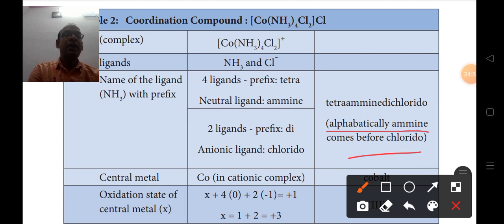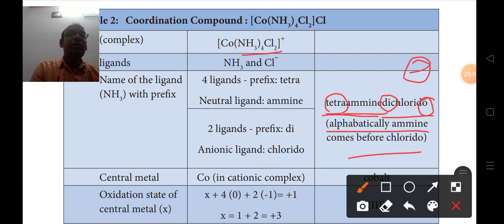Therefore tetraamine dichlorido, tetra means 4, di means 2, that is 4 ammonia and 2 chloride. This O comes for the chloride negative ion. Within the complex ion, chloride is converted into chlorido. Chlorido means a negative ligand. Amine is a special name for ammonia.